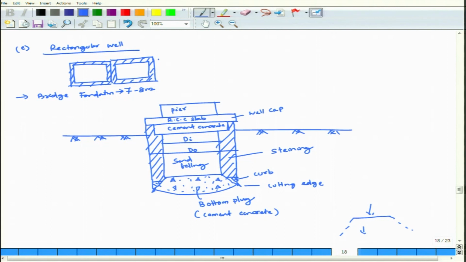Some of the terminology: if you look at the components, what are the major components?